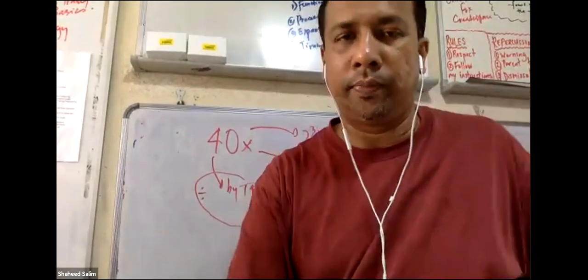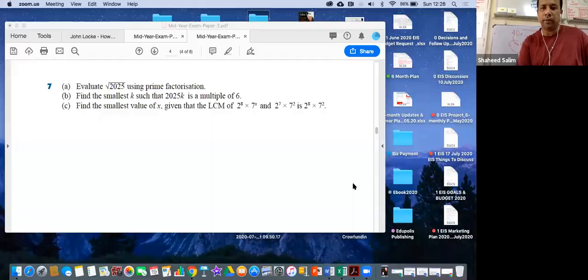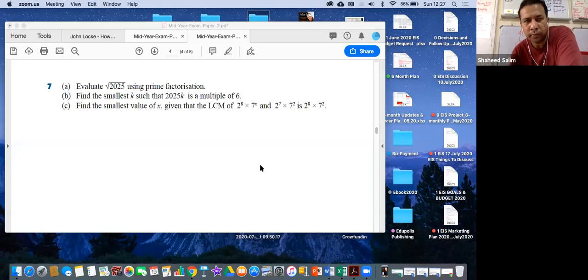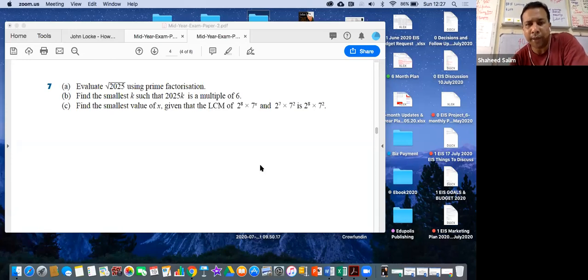All right, the next one now. Find the smallest value of x such that the LCM, given that the LCM of 2 to the power 8. So we learned last time, when you have these numbers, let's say 2 to the power 3 times 5, this one's 40, right?